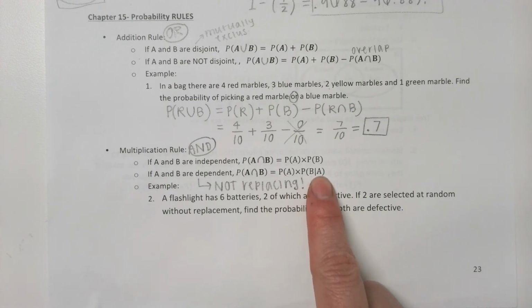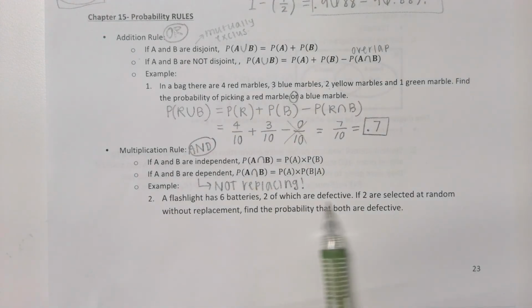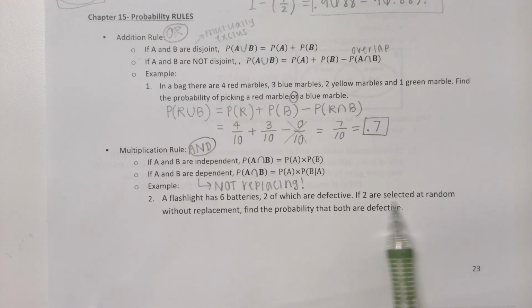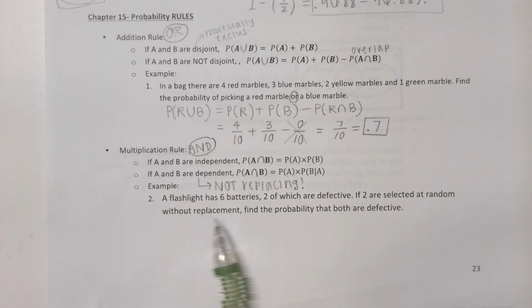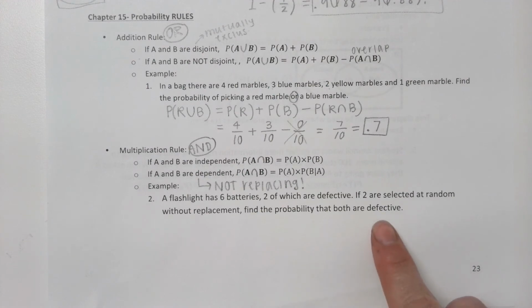A already occurred. So our example says the flashlight has 6 batteries, 2 of which are defective. If 2 are selected at random without replacement, find the probability that both are defective. Okay, so I'm looking for 2 defective batteries here.